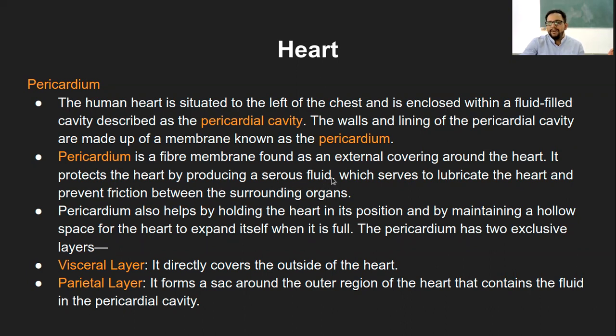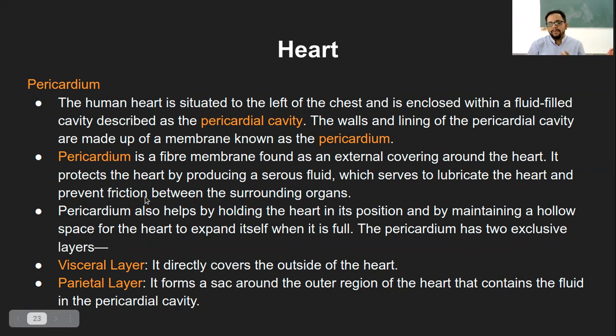Now the serous fluid refers to, like we know we have skin layers, one of them is serosa. So something similar exists within this pericardium, and the fluid secreted by that layer becomes the serous fluid, and that is present between the heart and the pericardium layer, and that serves to lubricate the heart and prevent friction with surrounding organs.